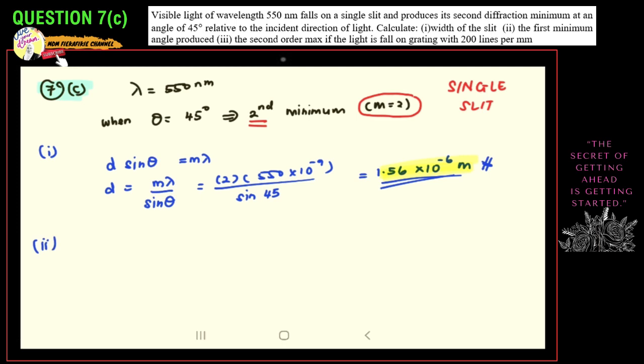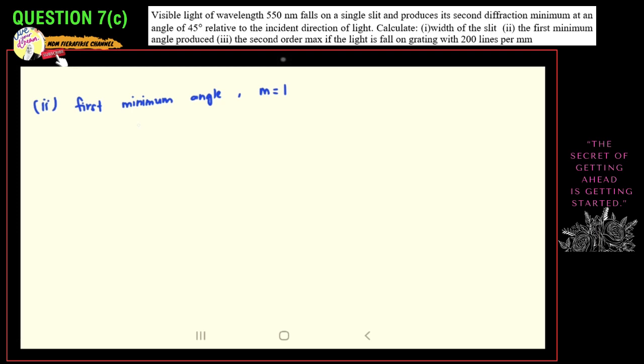For the second part, okay, calculate the first minimum angle produced. Okay, first minimum angle. It wants the angle where the first minimum is, m equal to 1. First minimum. Okay, so m is equal to 1. So for the first minimum, we still use the equation for destructive interference.